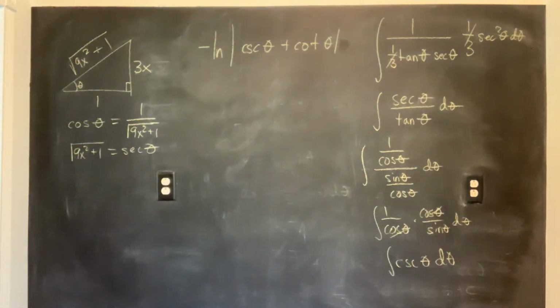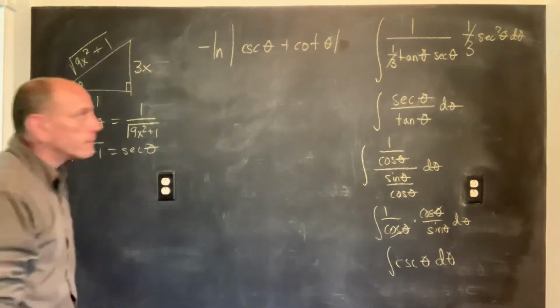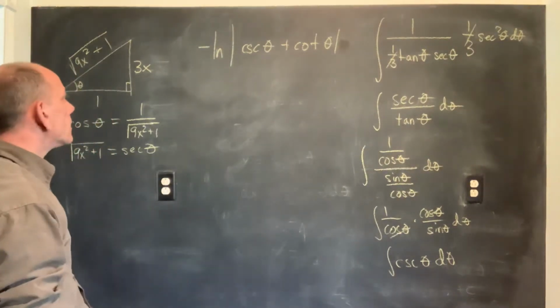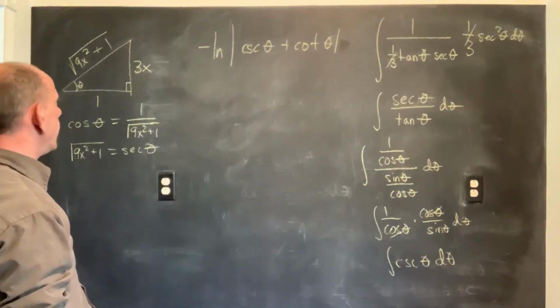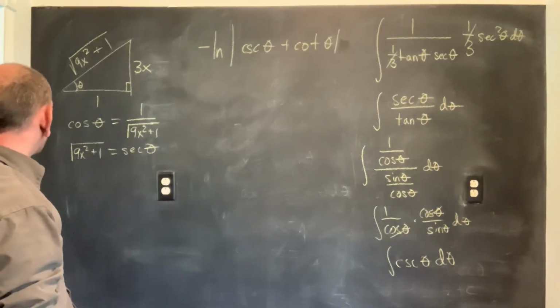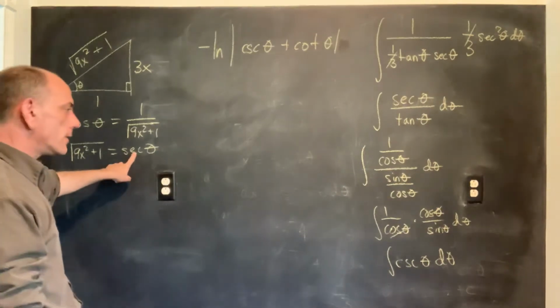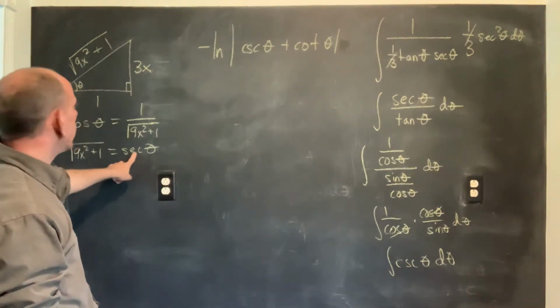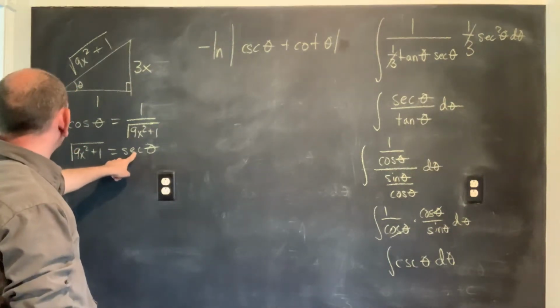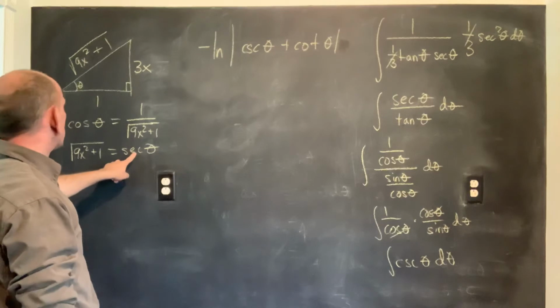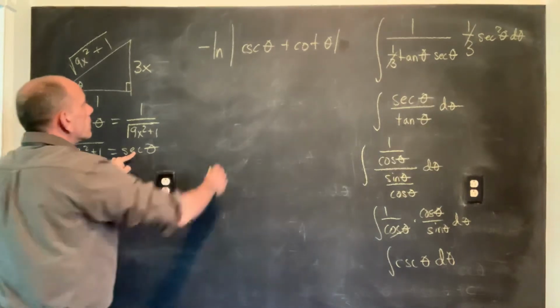All right, so we've done our integration. We just need to back sub. Can't leave it as thetas. So let's see, the cosecant, well, we know what the secant is. Well, no, wait, let's see. Do we know what the cosecant is already? I don't think so. Nope, so let's see.